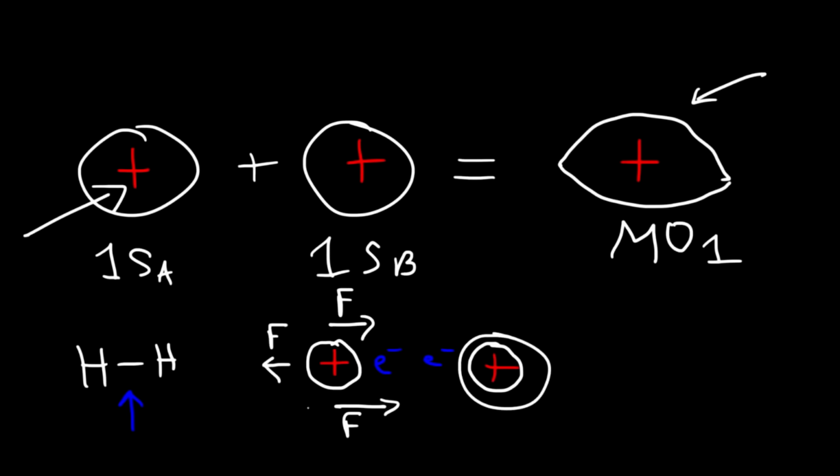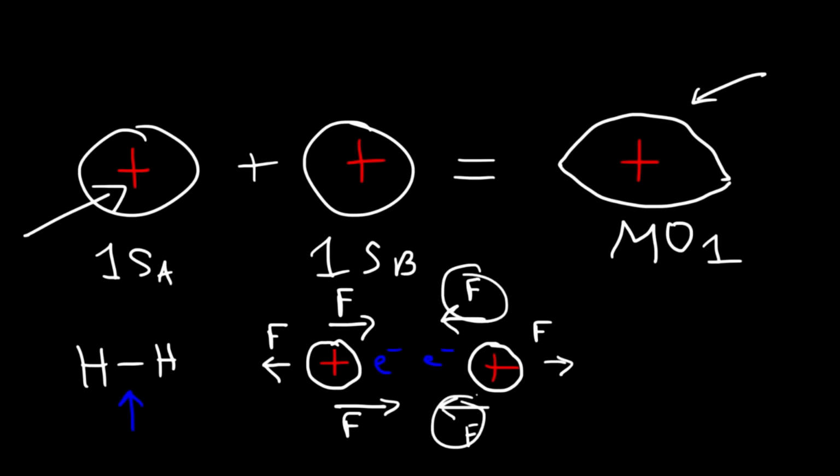Now the same is true for this proton. It's attracted to these two electrons, but it's repelled by the other proton. And so the net force for a molecule in this arrangement is an attractive force. Notice that you have more forces causing the protons to move together rather than pulling apart.